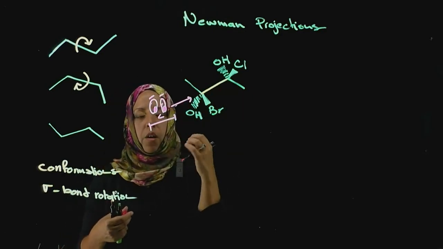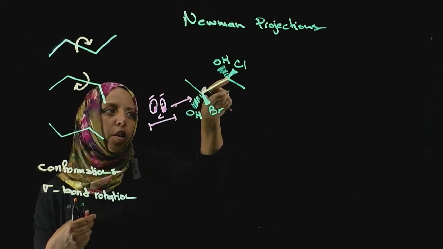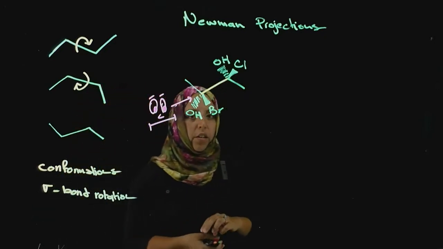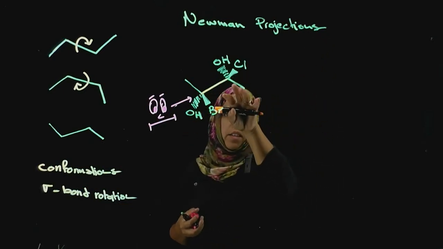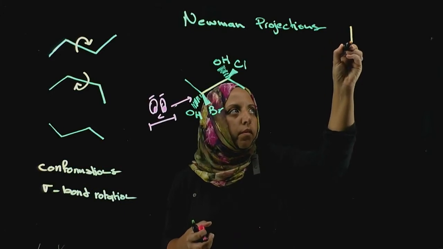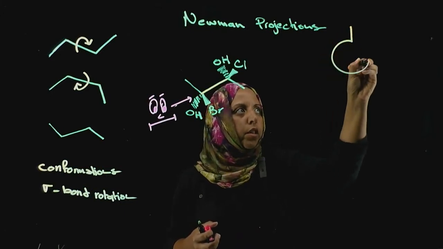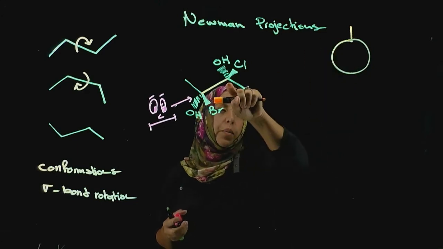The way we're looking is through this carbon, and this is what we call our back carbon. So when we draw a Newman projection, we have to draw it in such a way to reflect that. The back carbon is really the circle. This circle reflects the back carbon.